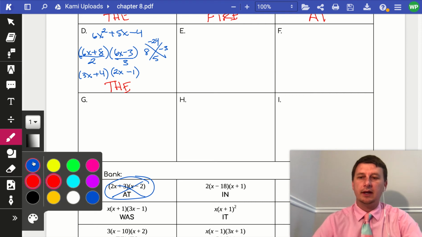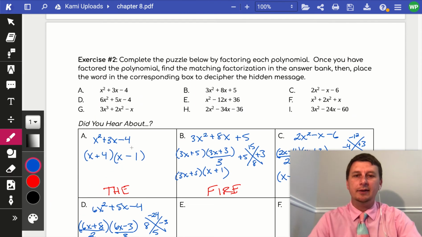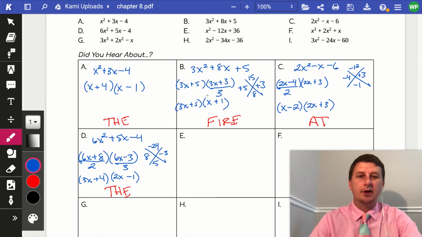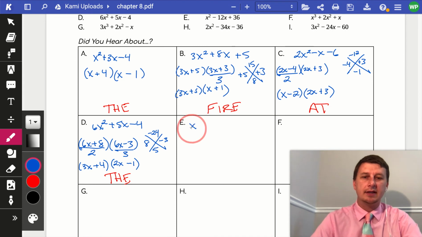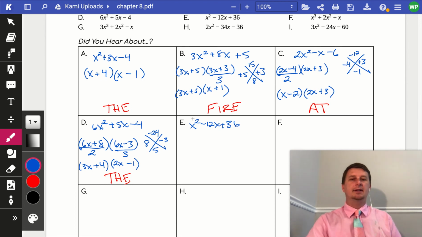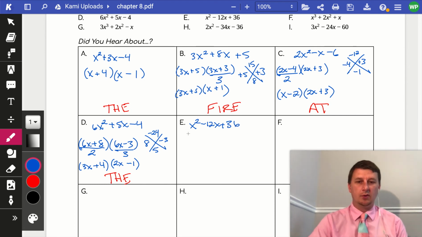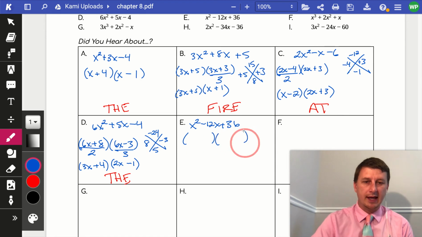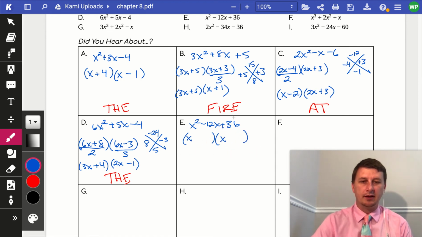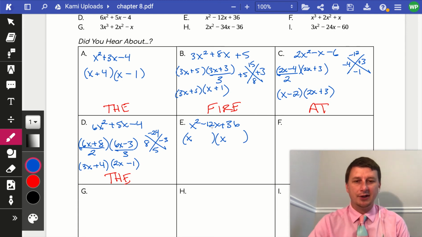Okay. And I'll go to trinomial E, which is x squared minus 12x plus 36. And this is a trinomial where a is equal to 1. So I'll just put an x in the front because x times x is x squared. And I look for two numbers that multiply to 36 and add to -12.